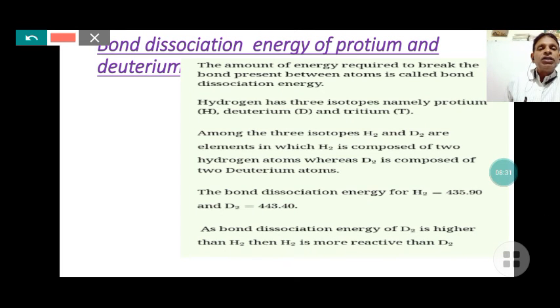Here, the bond dissociation energy for hydrogen is 435.90, and for deuterium it is 443.40. That is the difference due to the bond dissociation energy. That's why the rate of chemical reaction of deuterium is slower than the rate of reaction of protium.